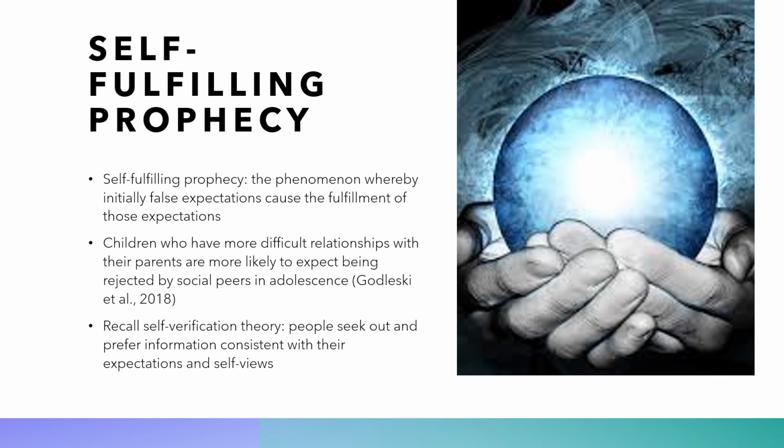This research project looked at children whose parents had alcohol problems and were creating sort of unstable, problematic home situations, and found that when that was happening in childhood, they were more likely in adolescence to experience these interpersonal issues. Again, sort of demonstrating this self-fulfilling prophecy that is really common among people.